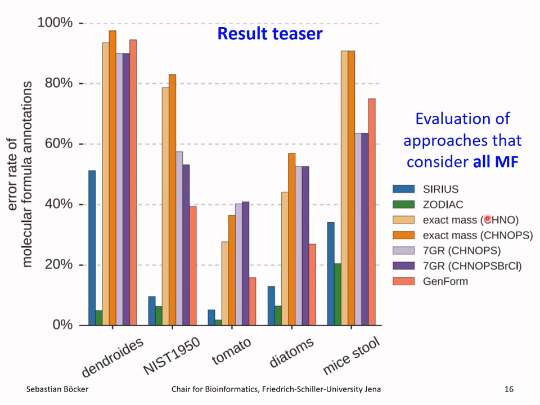But anyways, this is a different league. I mean, the only data set where SIRIUS and ZODIAC don't work well is the MTools data set. And this is, in a way, a horrible data set. Contains loads and loads of chimeric spectra where I'm not even sure if the ground truth that we have there is a ground truth or something different.